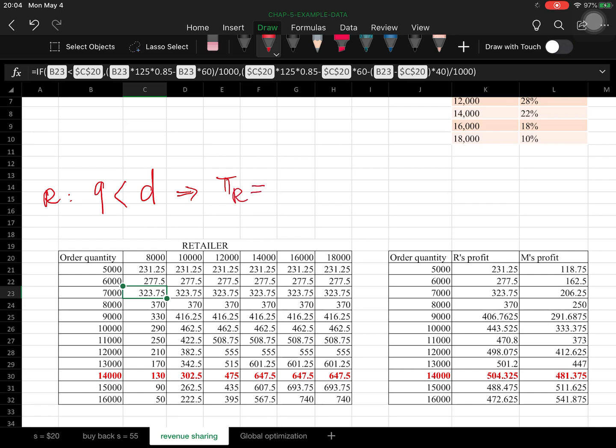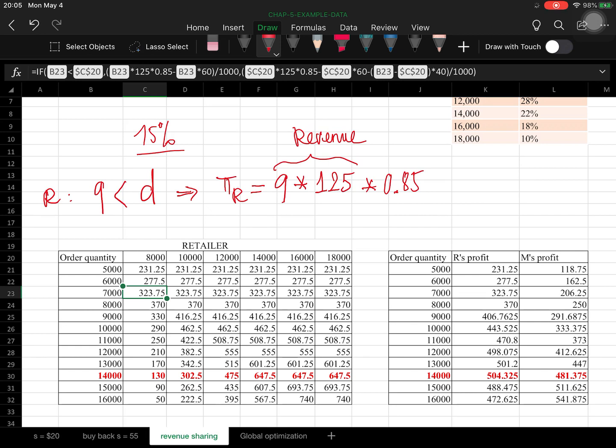The profit of the retailer will equal the order quantity multiplied by the selling price, that is $125 selling price, that is the revenue. Okay, and they have to share 15% of the revenue with the manufacturer, so they only have 85% left.